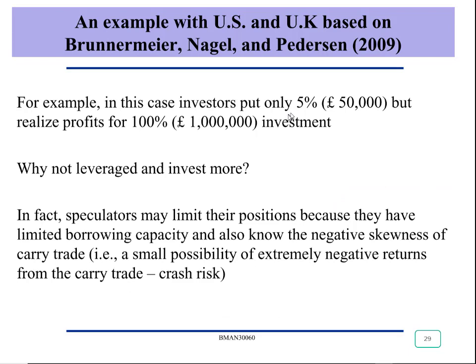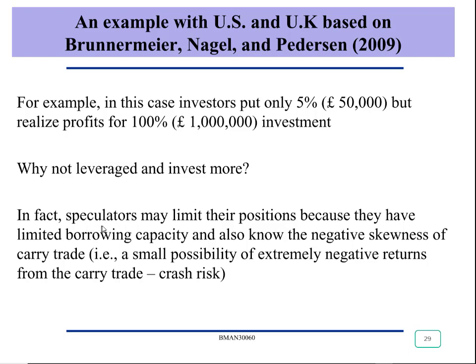In our example, the investor puts only 5% from their own account, but they will realize profit on 100% of the whole pound forward contract amount. So this is a leveraged investment. And this is the market friction Brunnermeier et al. introduced in this paper. You may ask, why not leverage and invest more?